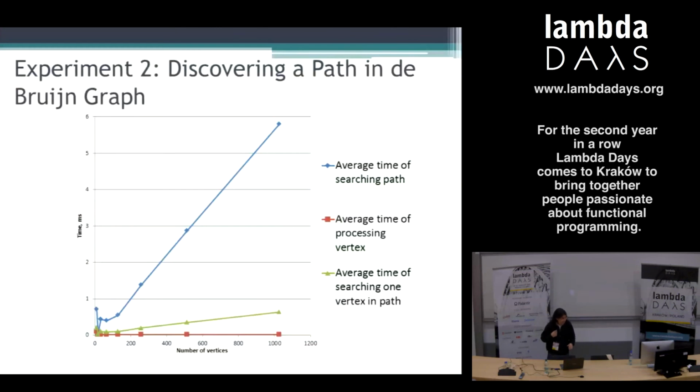Yes, it proves that it's scalable. Why? Because this red line is the average time of searching a path, of executing a task, divided by the number of vertices. So, for example, it's just an example, they are not exact.